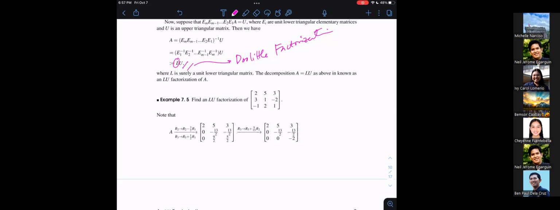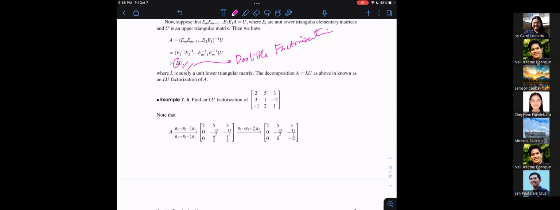Yung actual LU factorization. If we automate, for example, kahit anong matrix ang i-enter natin doon sa program, machine learning na po ba yung tawag doon? I don't think so. Hindi pa siya yung machine learning, ano?